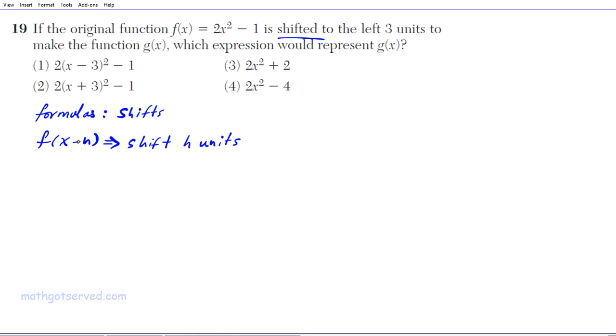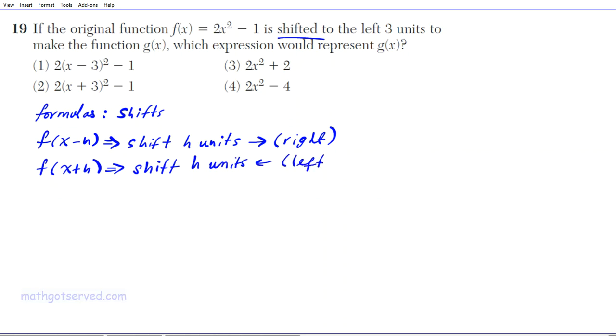You have a minus here. You think it's going to the left or to the right? Well, when it's grouped with the x's, the opposite happens. So when you have a minus, it is actually to the right, h units to the right. Okay, so don't forget that. If you have a function composed with x plus h, guess what? This indicates a shift h units to the left.